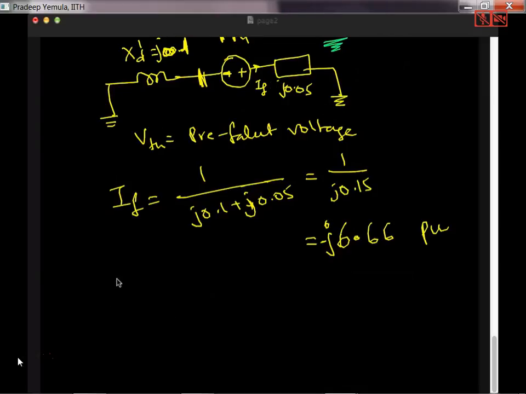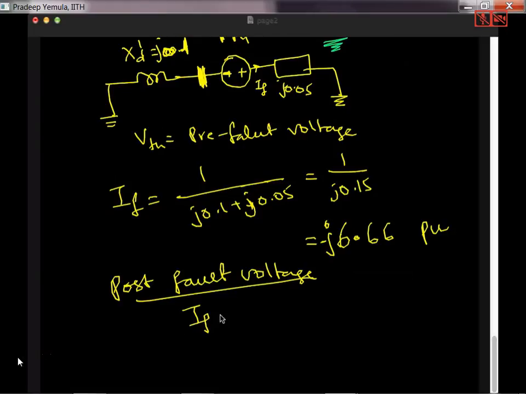What is the post-fault voltage now? At the bus bar here, because there is a fault, the voltage has reduced. It will not become completely zero. But what is the post-fault voltage?